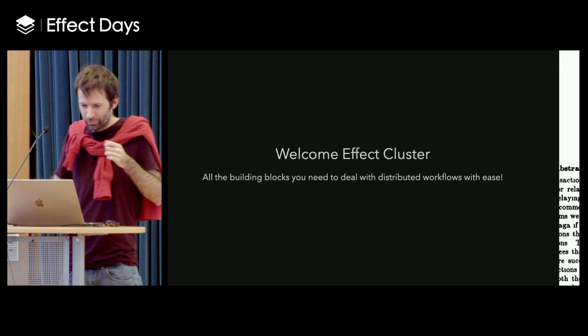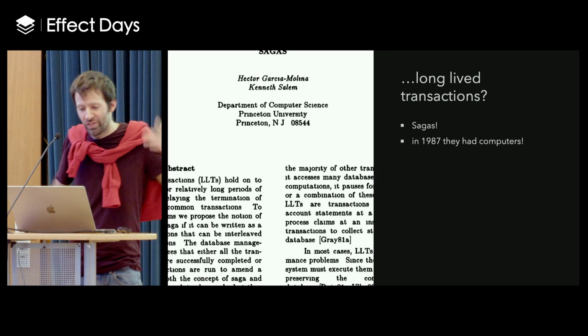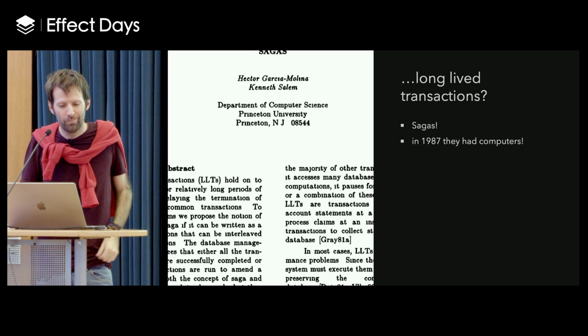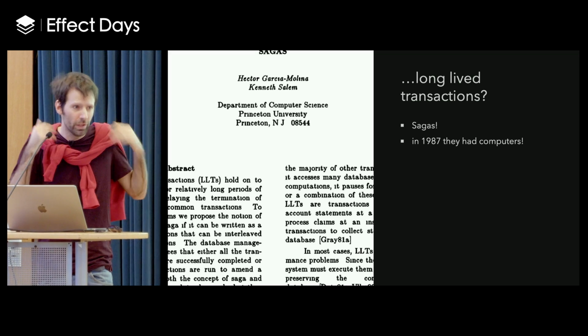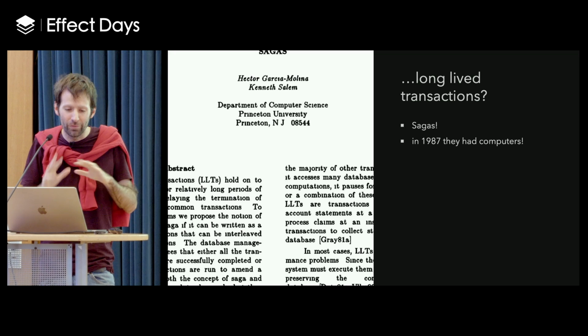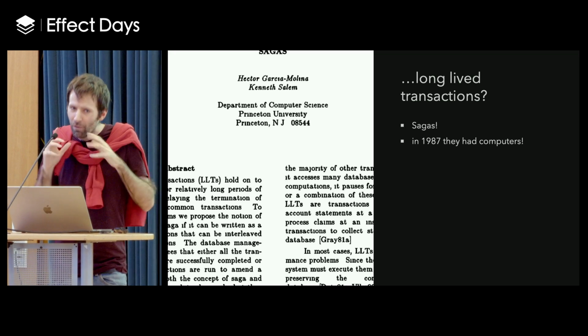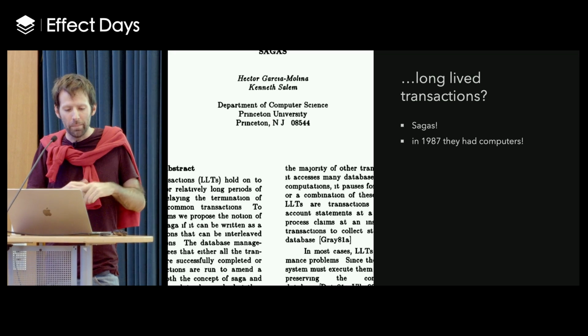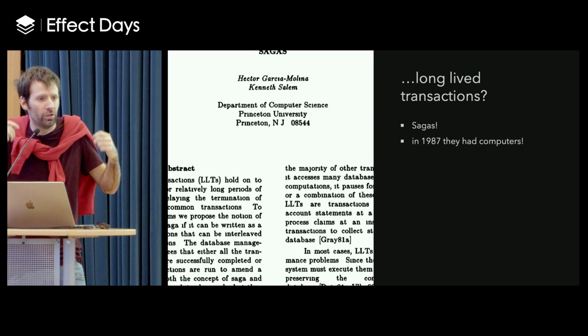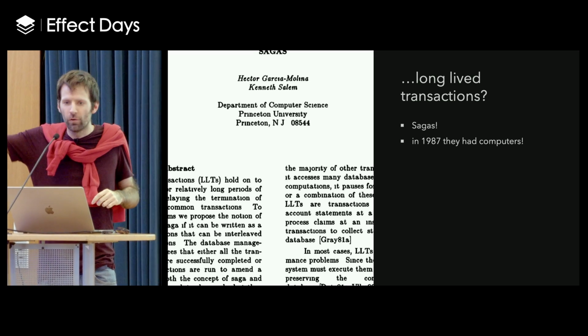So one of the concepts that helps shape durable workflows of Effect Cluster is the concept of a saga. And the concept of a saga came from a really old paper. Back in the days, they tried to solve a really similar but yet different problem from the one that we are trying to solve. They had very long computations that would lock into a database transaction for a lot of minutes.